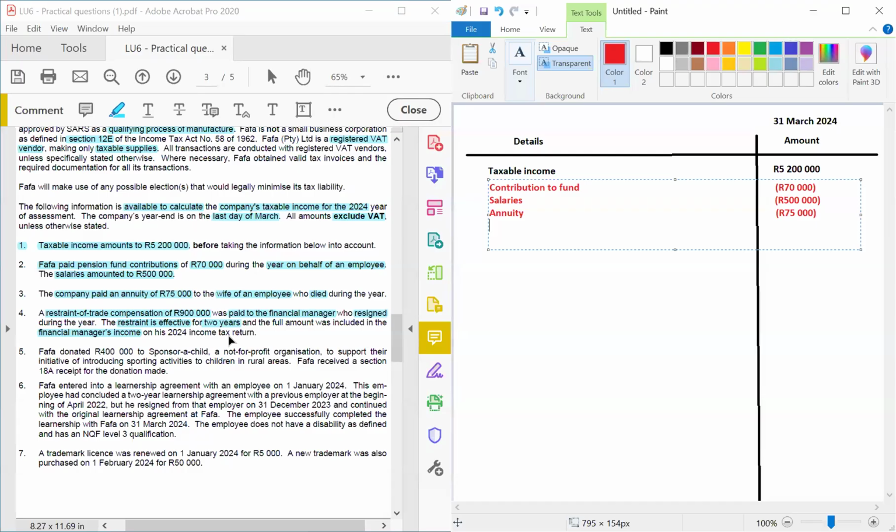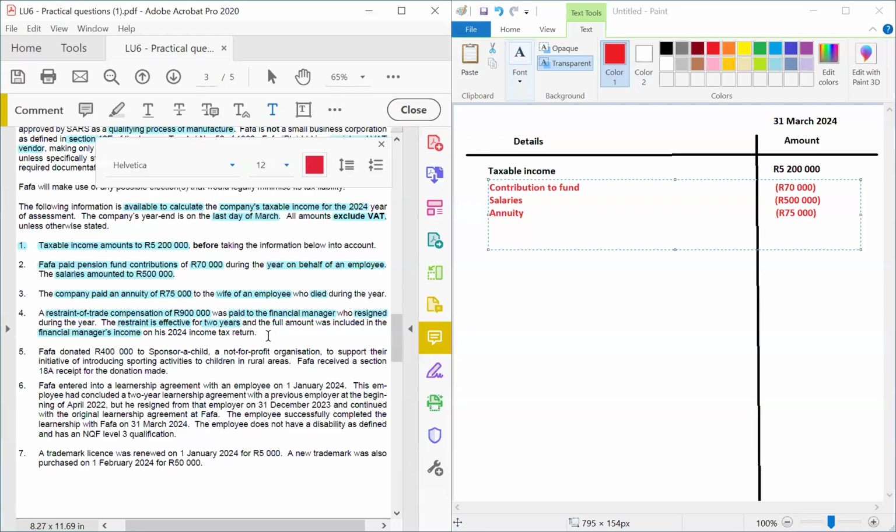When a company pays a restraint of trade, we take the amount and divide it by the higher of 3 years or the restraint of trade term. The restraint of trade term is 2 years, so which one is higher? The higher one is the 3 years, right?